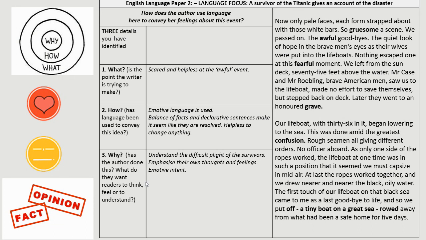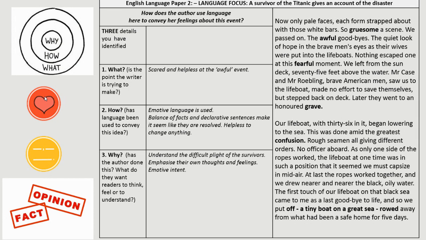So some of the things you can see that I've put in bold, that I've identified, is gruesome, awful, fearful, grave, confusion, because they are the emotive words that we identified. So I'm definitely going to talk about emotive language because it's an emotive event. They had a lot of feelings in that, and they have successfully conveyed those feelings by using those very strong emotive words.